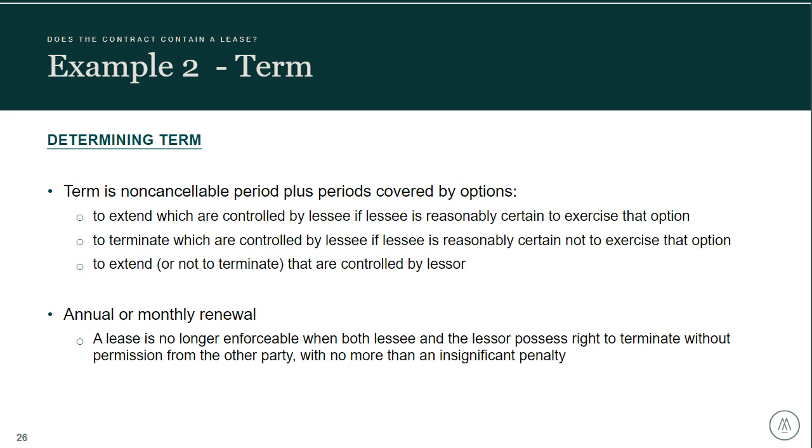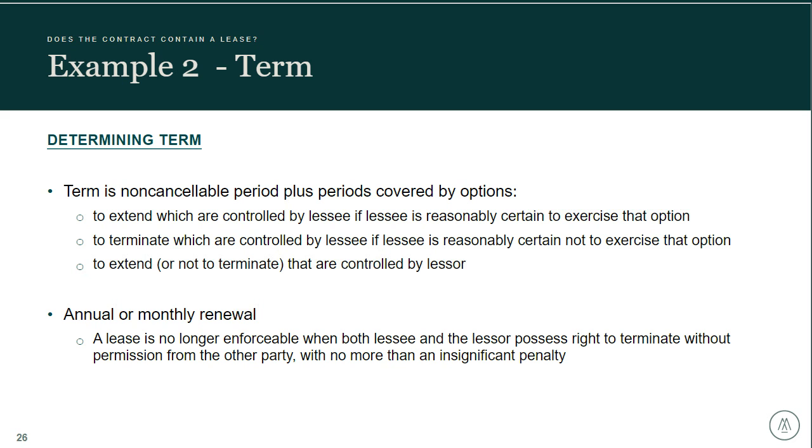So an important note on annual or monthly renewals as well: a lease is no longer enforceable when both the lessee and the lessor possess the right to terminate without permission from the other party with no more than an insignificant penalty. So this dual cancellation clause or termination clause has to be both sides, and it has to be that there's nothing in it that's significant.